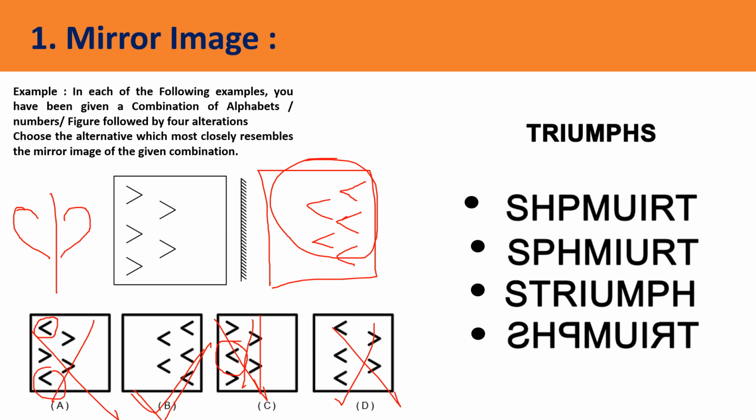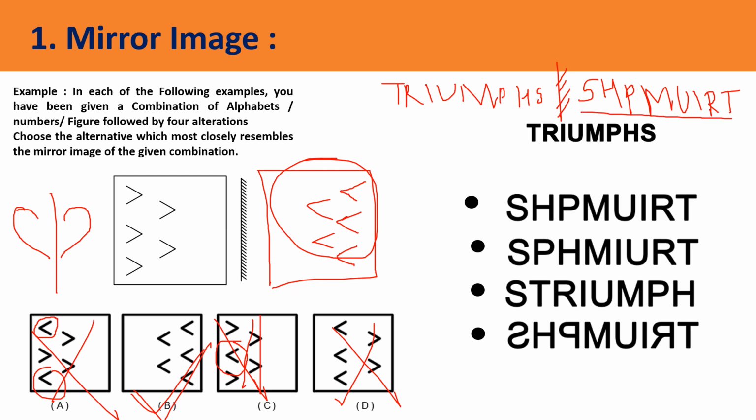Then talking about this word, you have TRIUMPHS. You have to spell it in mirror image. Obviously it will be spelled opposite. It will be written in the opposite manner, but what I have written here is not the mirror image.